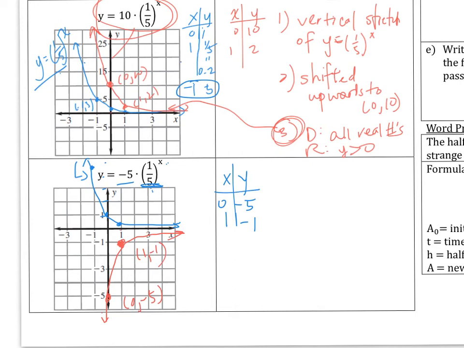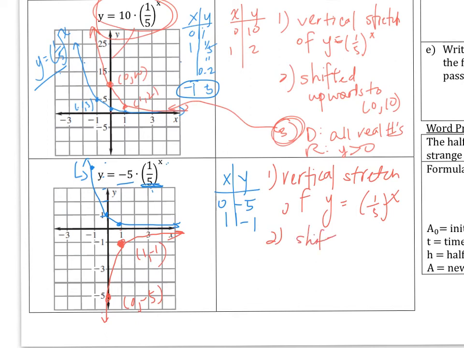Okay, let's see what happened to the graph here. First of all, it's a vertical stretch of y equals 1/5 to the x power. Secondly, it is shifted down to (0, -5).